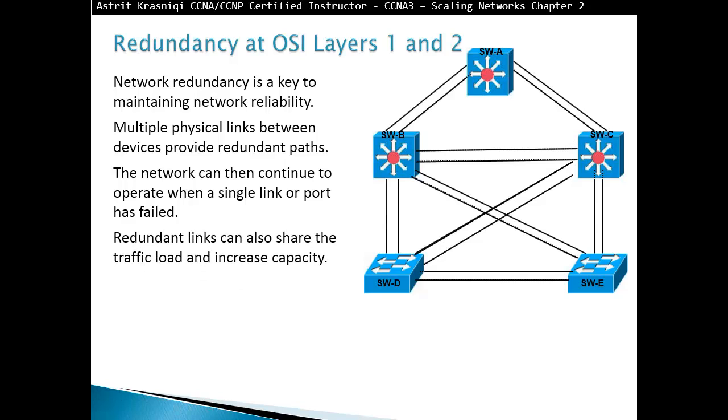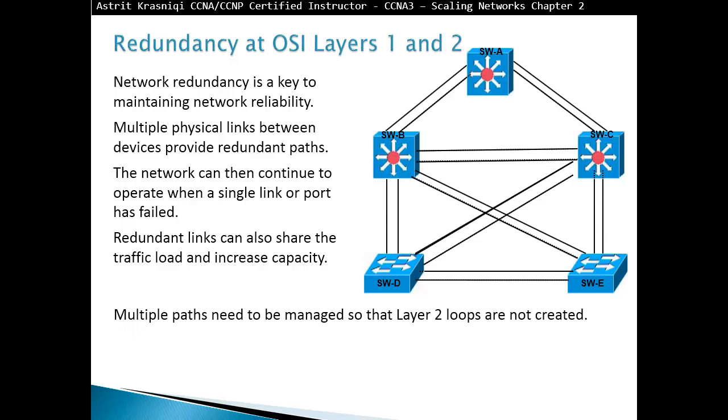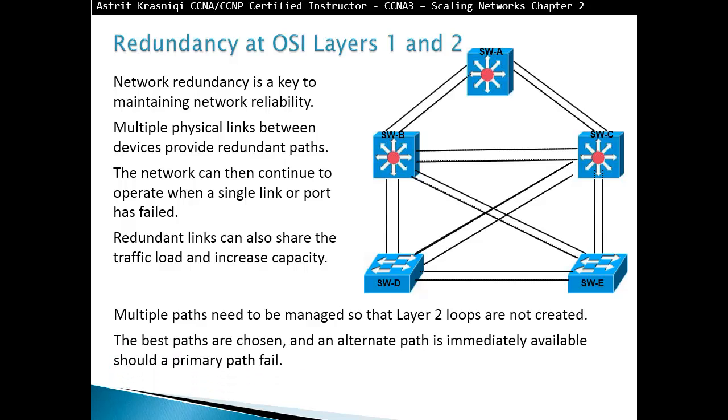Redundant links can also share the traffic load and increase capacity. Well, that's even better. Multiple paths need to be managed so that layer 2 loops are not created. The best paths are chosen, and alternate paths are immediately available if the primary path fails. So imagine this is the best path.